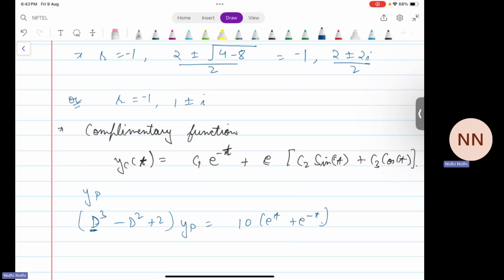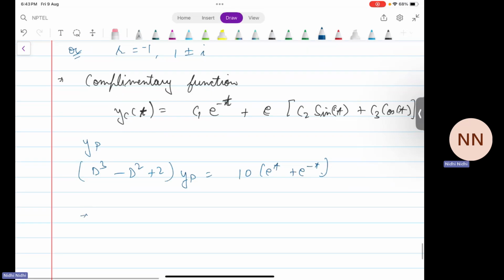By D, we mean the derivative operator. So y_p is equal to 10 e to the power t by D cube minus D square plus 2, plus 10 e to the power minus t by D cube minus D square plus 2.